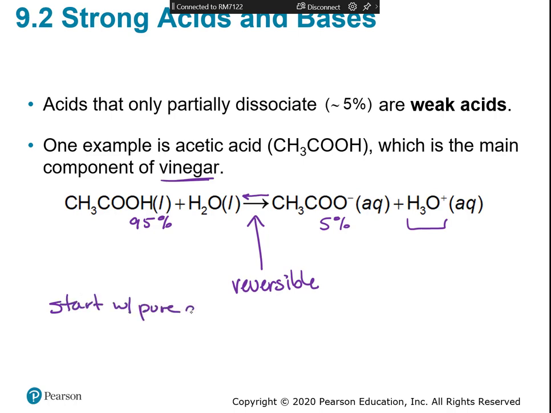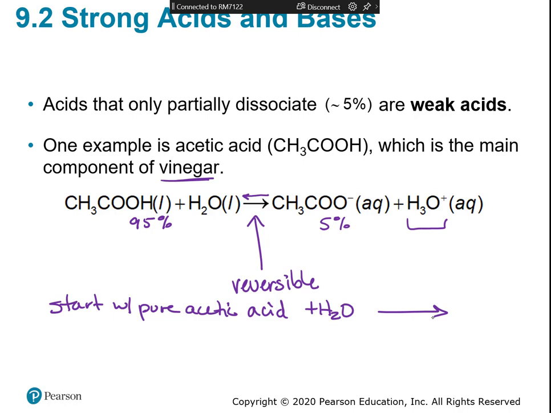So if you start with pure acetic acid and you add water, then the forward reaction will begin to occur. But at some point, some of those ions will begin to reform back into acetic acid molecules, and you'll end up having this balance. So remember that isotonic, how it was like the equal salts that we talked about in the blood cells, trying to maintain this equal balance. Well, that's what happens when you start a reaction that is reversible. Eventually, you end up with products and reactants all together in the same container.